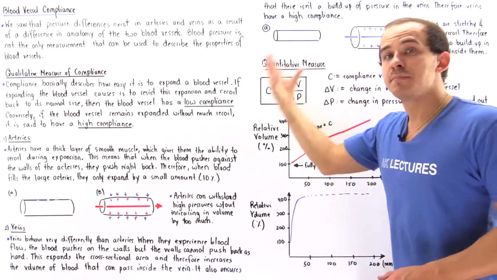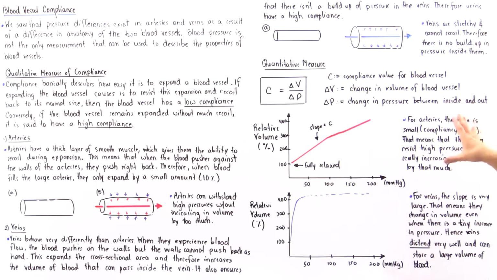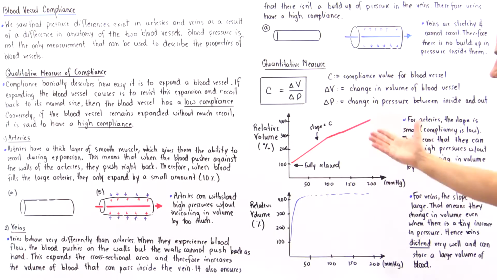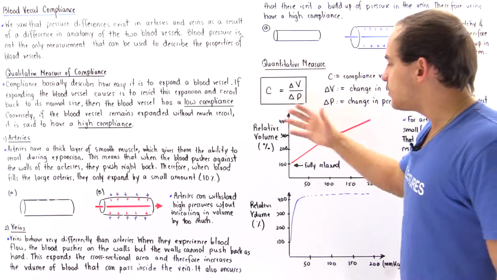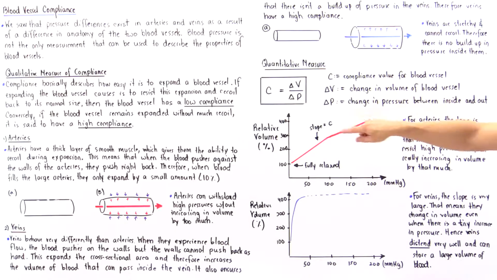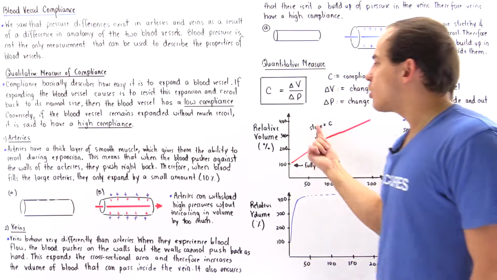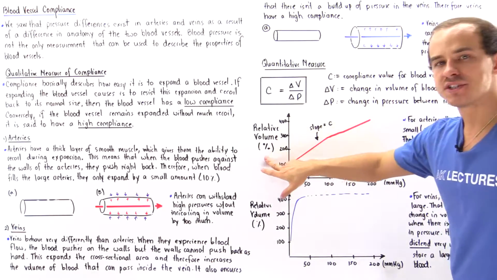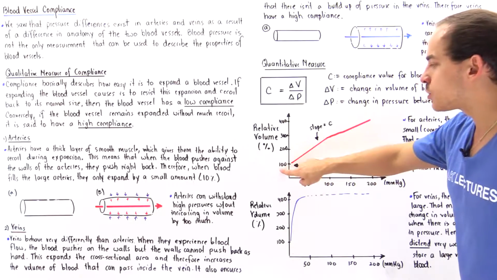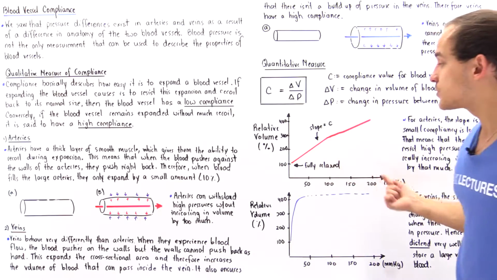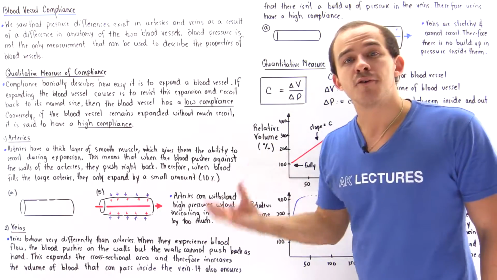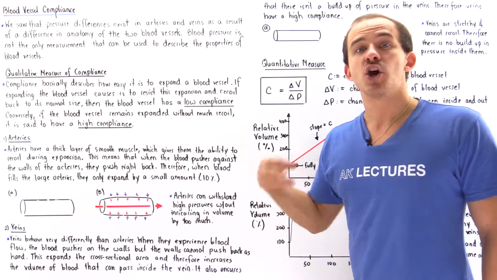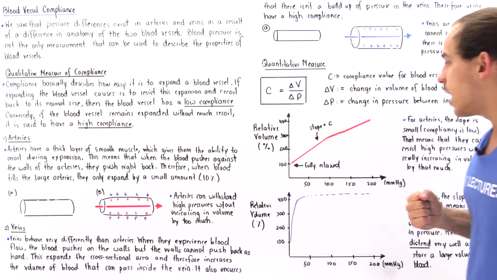And we can easily plot this equation on the XY plot. So let's take a look at what that actually looks like. So let's plot this for arteries. So the y-axis is the relative increase in volume given to us in percentage, where 100% basically means the blood vessel is fully relaxed. It contains 100% of that blood.